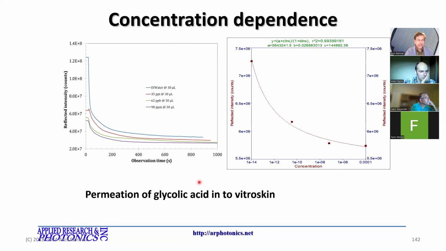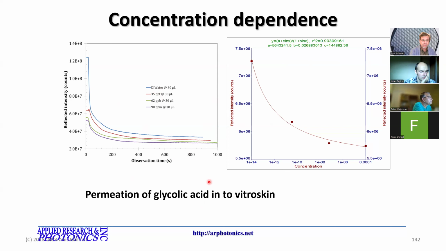Here is the calibration Dr. Mazumdar was mentioning a little while ago. So we have DI water and we have glycolic acid. Again, glycolic acid is used a lot in personal care products. So this was actually a project with one of the personal care product companies.